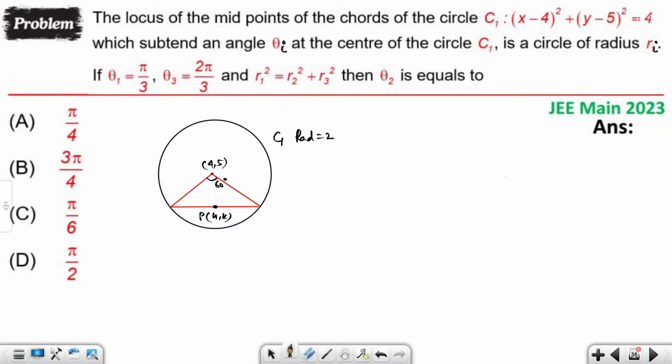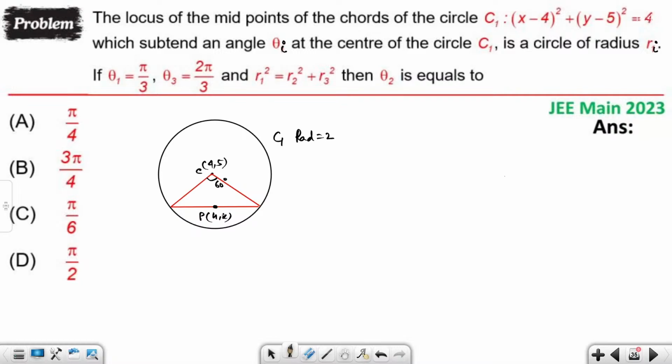Let me give it a name, P. Let us say the center be C. Then what is the equation of the locus of the point P? So how to do this one? This is such a chord. I am not finding out the locus of just any chord whose midpoint is P. That is not the only criterion here.